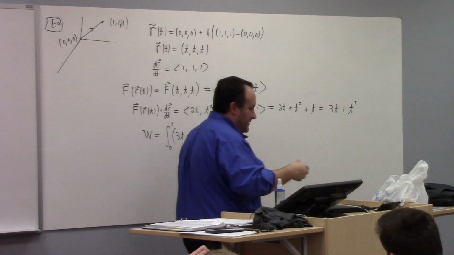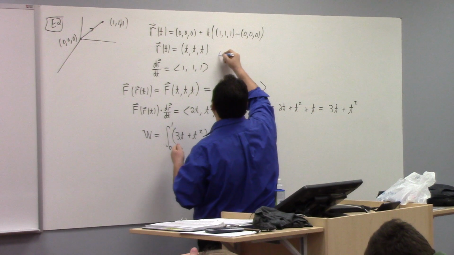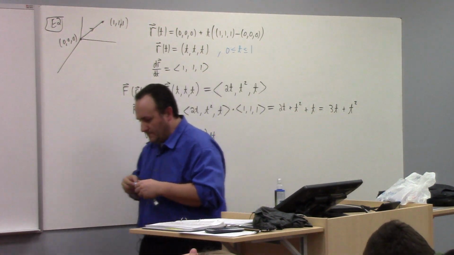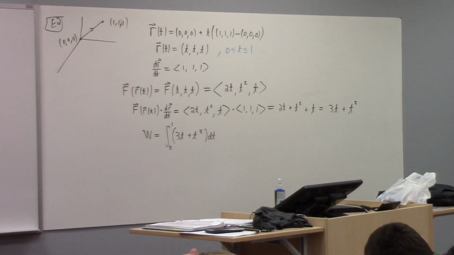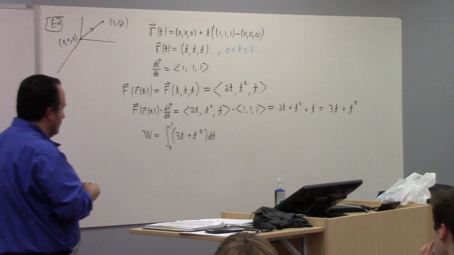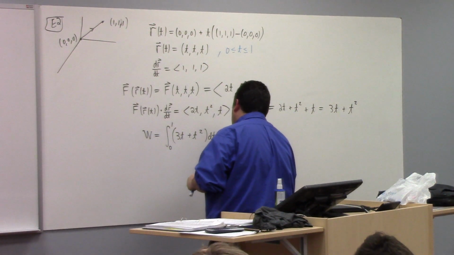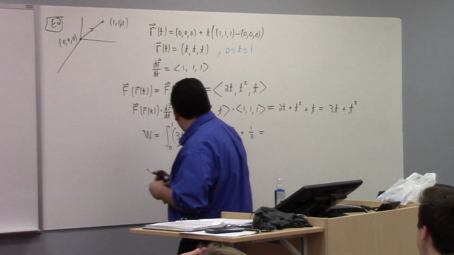That's the whole trick I introduced last time to parameterize the line, going from time 0 to time 1. What's that work out to? I think we get 3/2 plus 1/3, which is what?